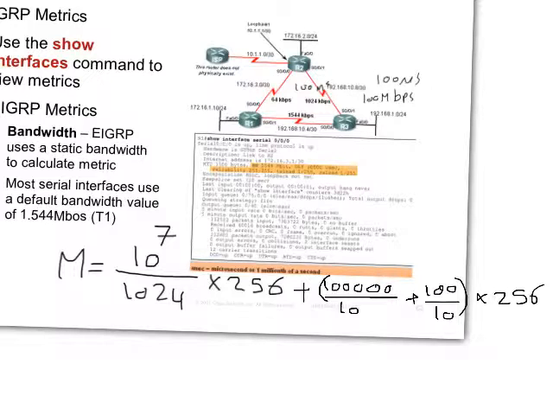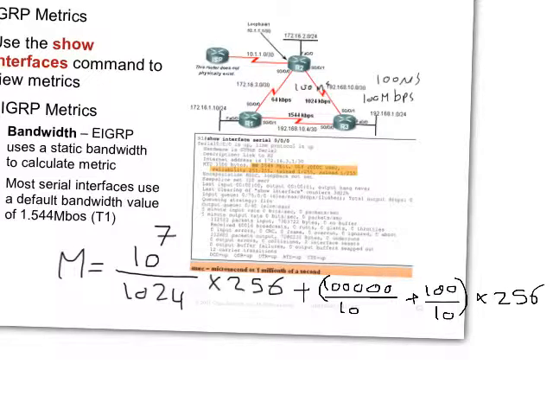Why? What is 256? 256 is a fixed value. It's like a weight. Think of it similar to K1 and K3. It's a fixed number, and you have to multiply each part of the metric by 256.